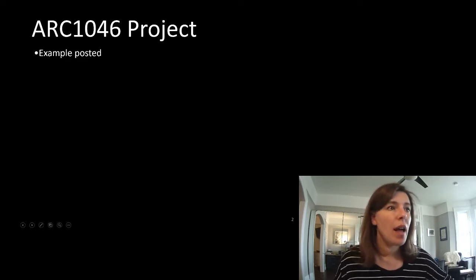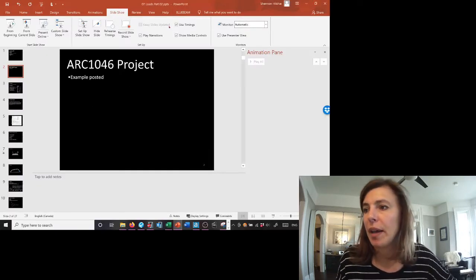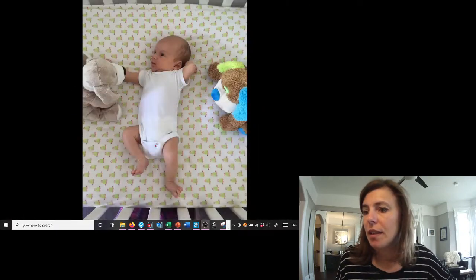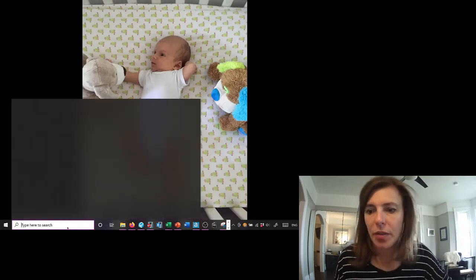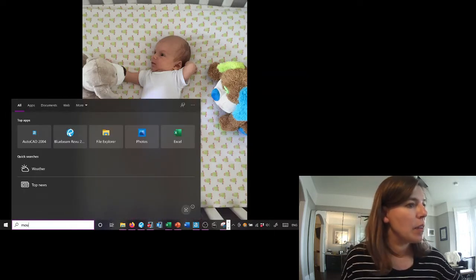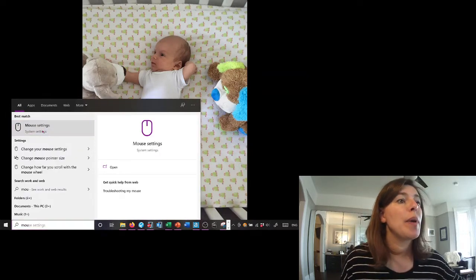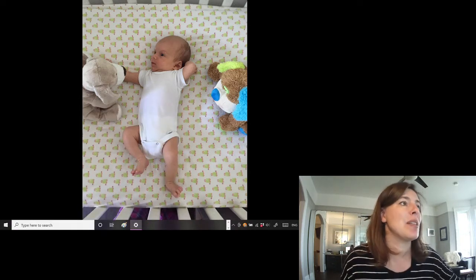So I have not made my mouse bigger for you guys. And of course, this is not on the right screen anymore, so let me just change my mouse settings for you so that you guys can see them a little bit easier.